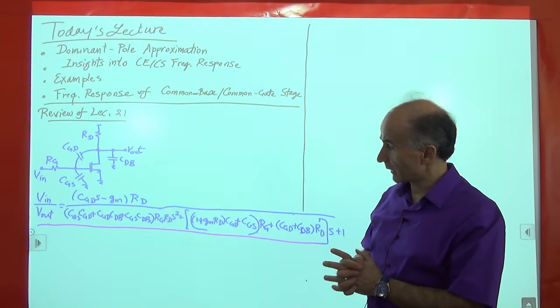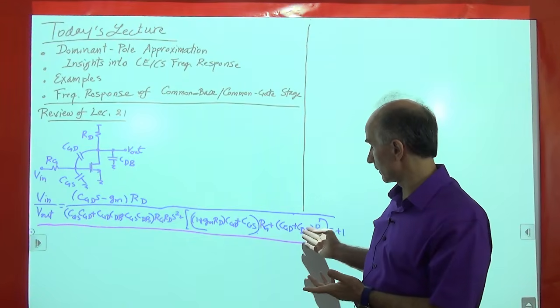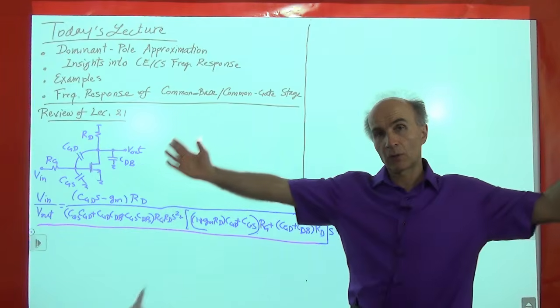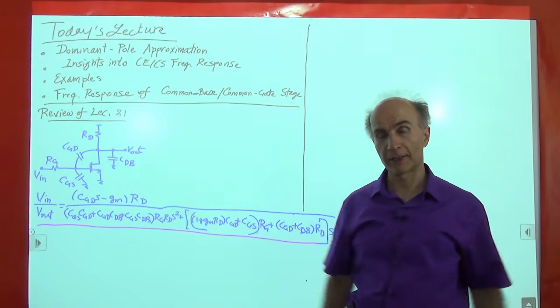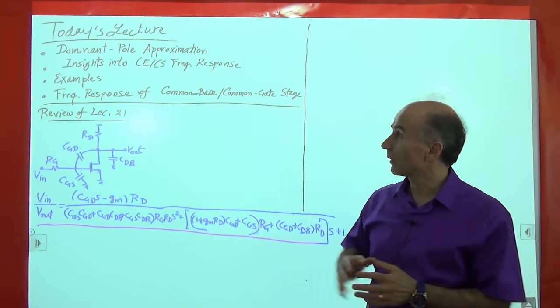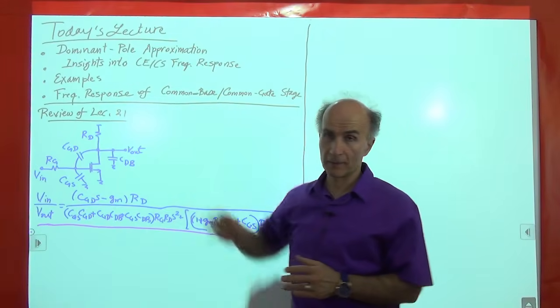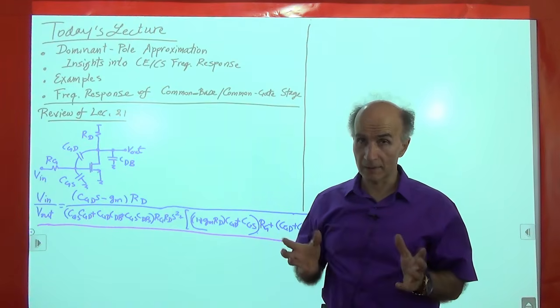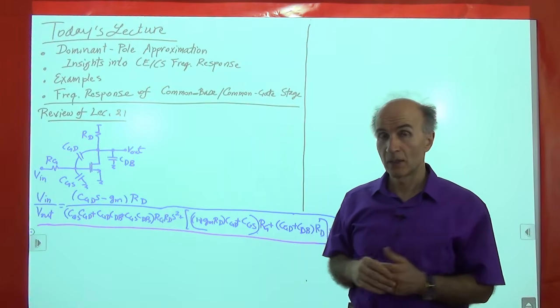Okay, all right. So in general, of course, solving this quadratic doesn't help us much. We end up with an equation this big, and what do we do with it, right? So instead, we resort to an approximation called the dominant pole approximation. And this approximation is good in many cases, as I said, maybe 80% of cases.